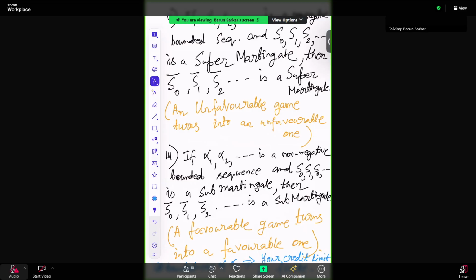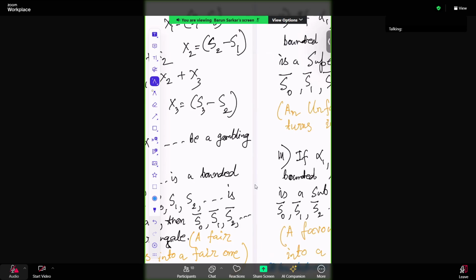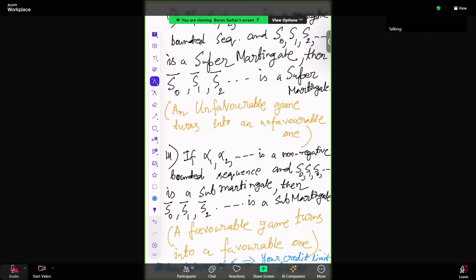So we are talking about this thing. So a fair game is always a fair one. Unfavorable game is always an unfavorable one, and favorable game is always a favorable one. Okay.